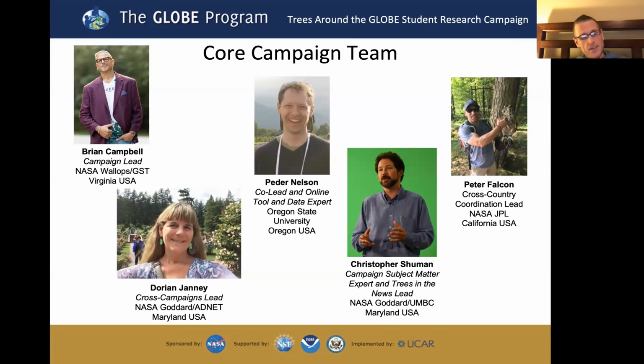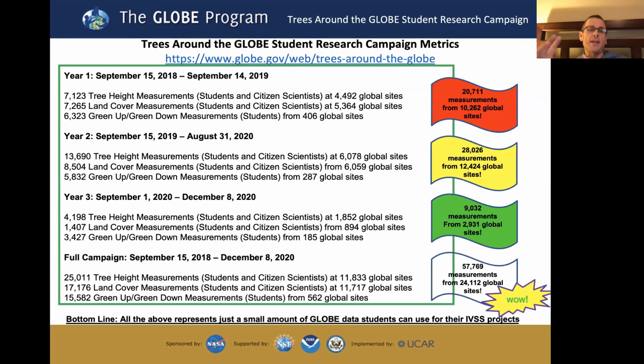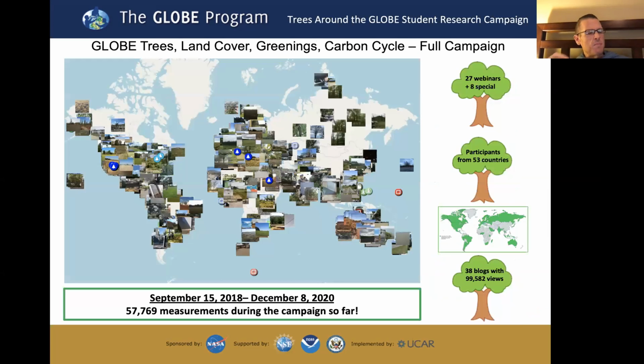Here's our core campaign team as usual. Won't go through that anymore. But here's the updated metric slides, which I show each time, where we just passed 57,700 measurements from over 24,000 global sites since the beginning of the campaign, September 15th of 2018. So we have measurements coming in from all over. There's lots of data to look at.